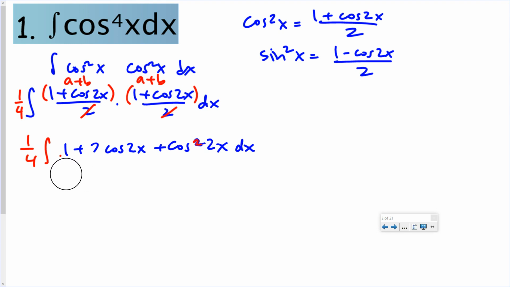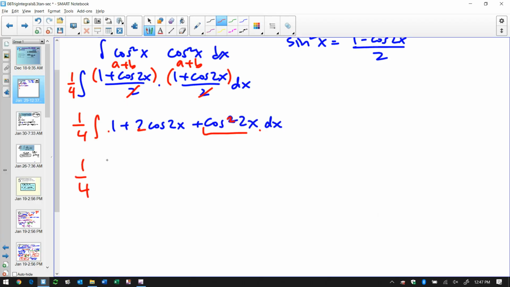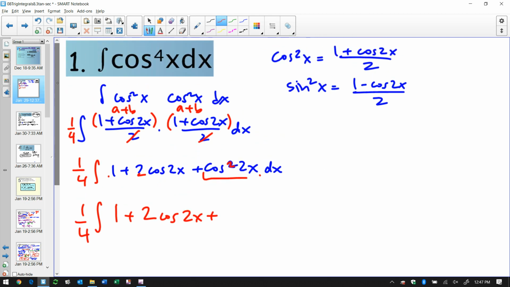Well, to do that, what I'd have to do is, once again, use my trig identity, okay? At this point here, I have 1/4 times 1 plus 2 cosine 2x plus this right here, using the formula that I know here, cosine squared 2x is actually equal to 1 plus cosine 4x all over 2 dx.